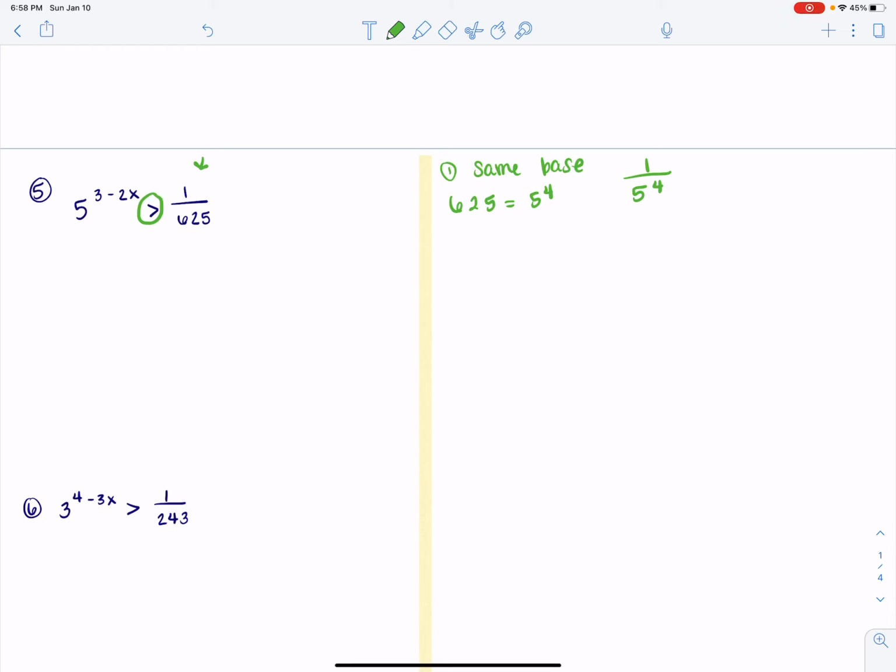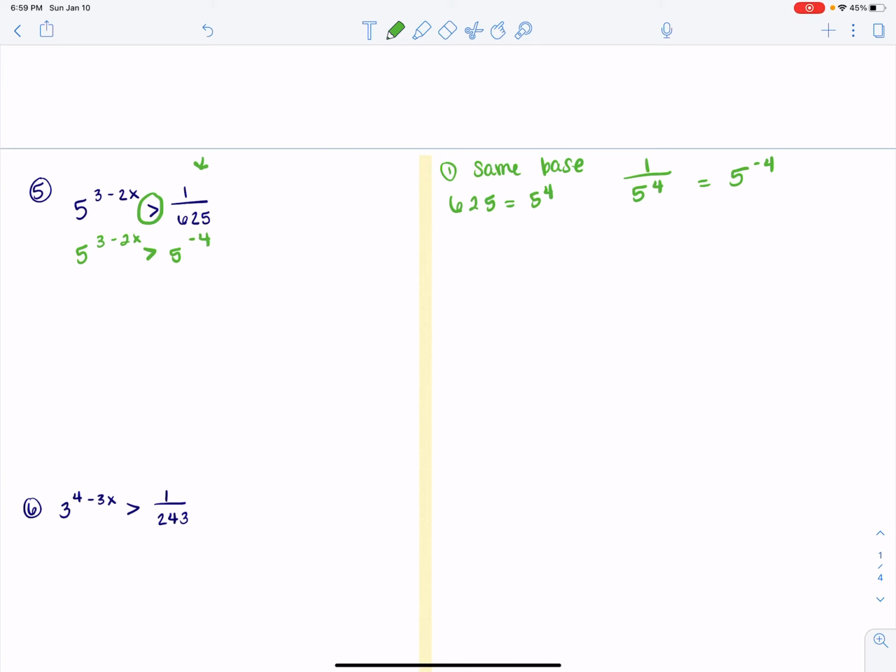Remember, in order to move a base and the exponent around a fraction, you need to change the sign of the exponent. So 1 over 5 to the 4th power, it's really the same as saying 5 to the negative 4th power. So if you have everything at the bottom of a fraction, that's how you know you're going to have a negative exponent. So our base is 5, so I have 5 to the 3 minus 2x is greater than 5 to the negative 4, okay?